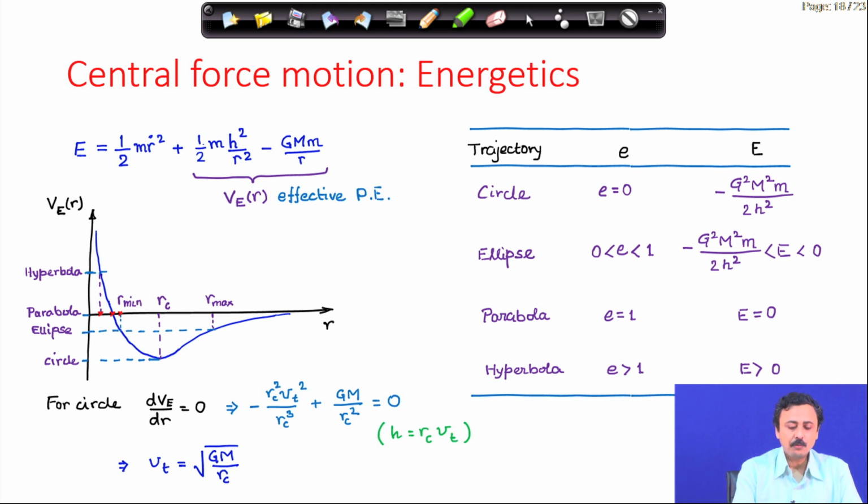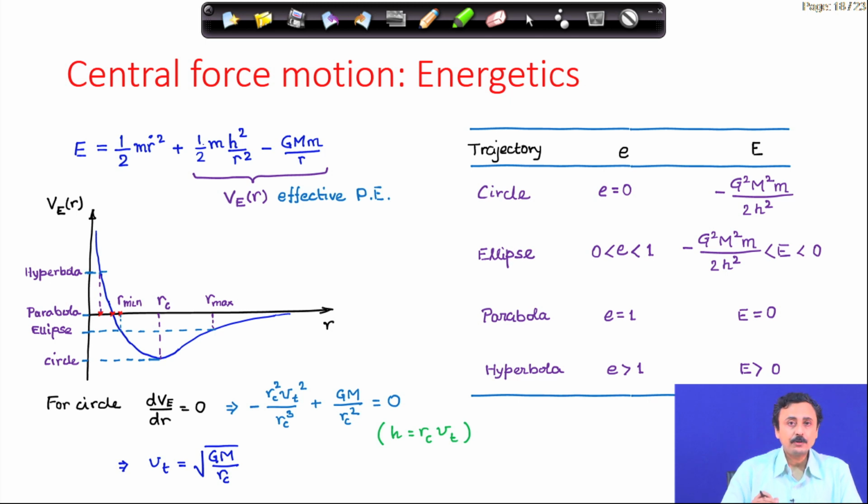And we have seen how for a circle it is the bottommost point where there is only one solution. So the radial coordinate will remain constant, and that is marked by R c. That is the minimum effective potential energy for a circular path.